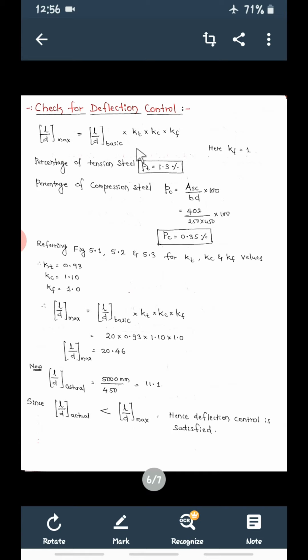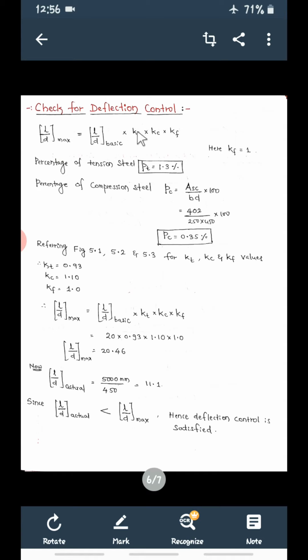For a doubly reinforced beam, KT you have to calculate, KC you have to calculate, and KF you can directly take as 1. In the previous singly reinforced beam we took KC as 1 because it was singly reinforced. Now it is a doubly reinforced beam, means main steel is provided at top also and bottom also. So KC also you have to calculate, KT also you have to calculate.